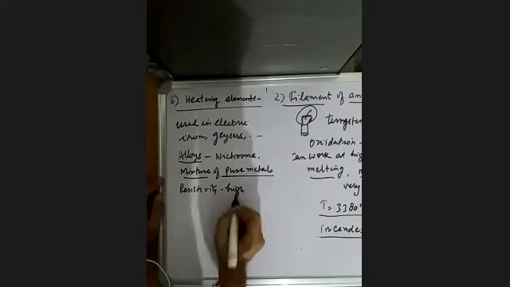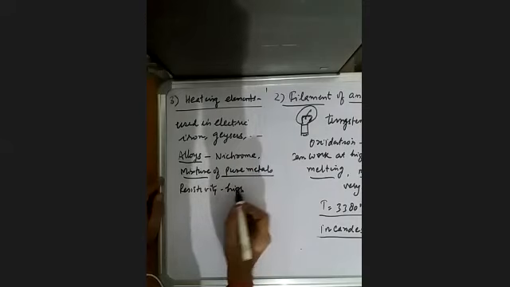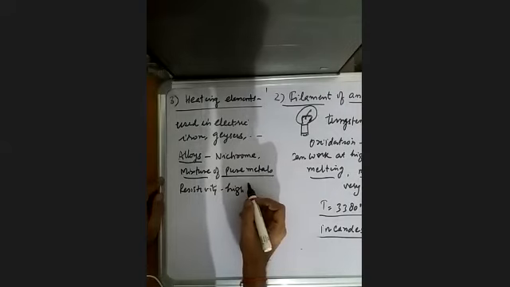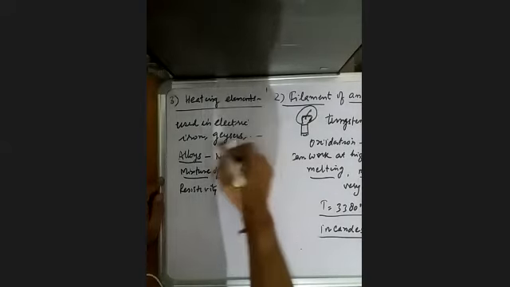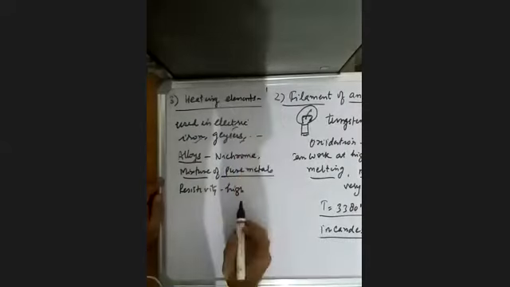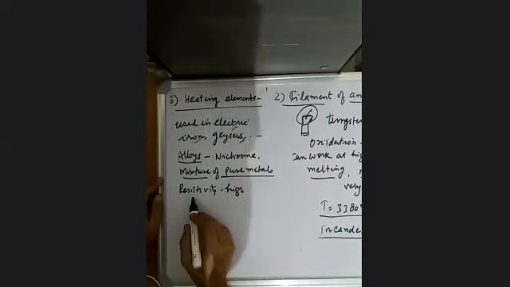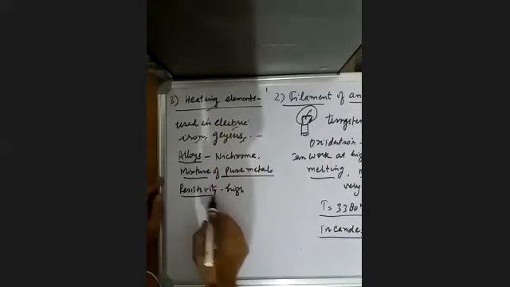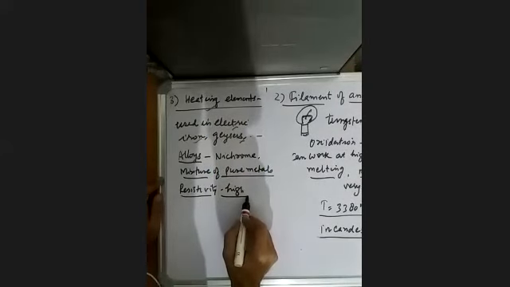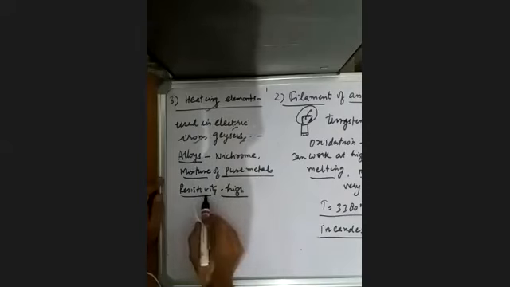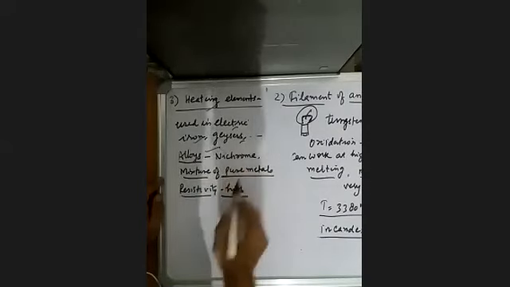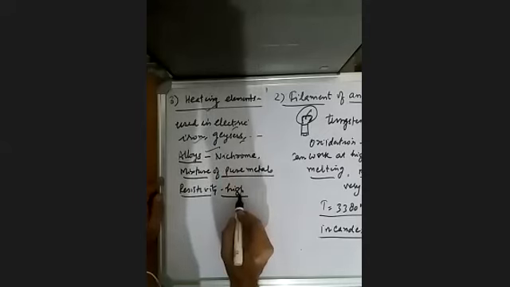High resistivity means that when current passes through them, they get heated up to a large temperature, because we need heat from these elements. To get a large amount of heat, we need very high resistivity, so that when current flows through these alloys, the heat generated is quite high.